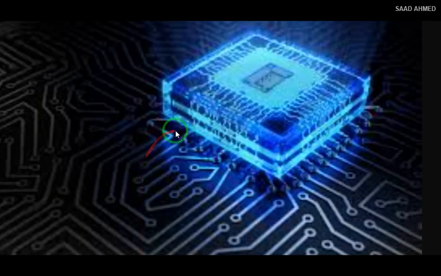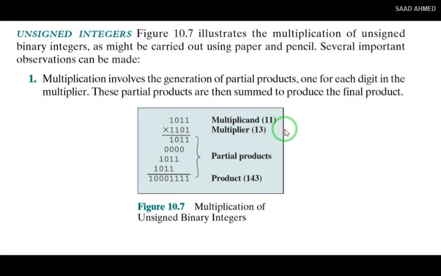The last thing which we are going to discuss in today's session is the multiplication of unsigned numbers, and for that we need to understand the basic terminologies, which are simple. The first number which is to be multiplied is called the multiplicand.